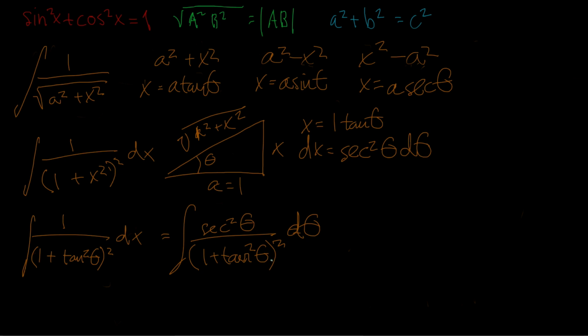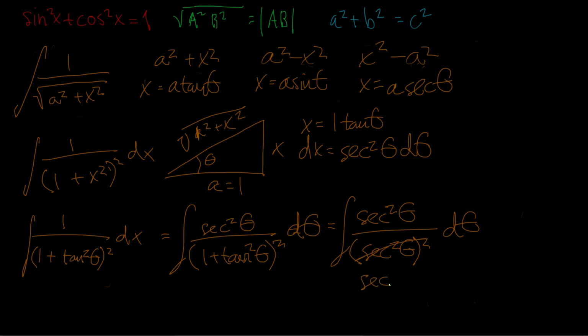And if we remember our Pythagorean identities, we'll know that 1 plus tangent squared theta is just equal to secant squared theta. So this whole expression can be rewritten as d theta. And secant squared theta is just equal to secant to the 4th theta, right? So this can just be secant to the 4th theta, right?